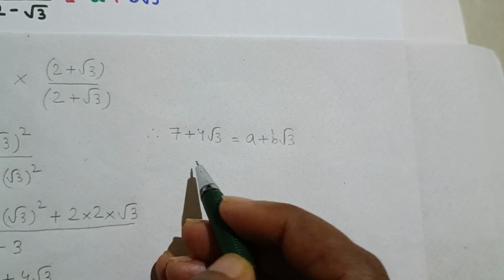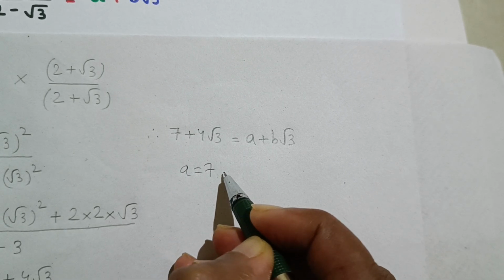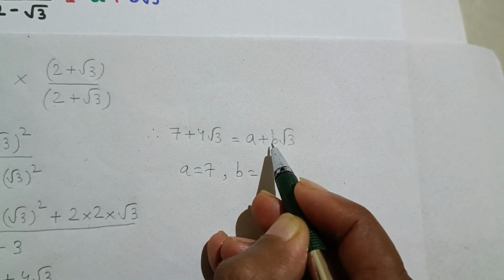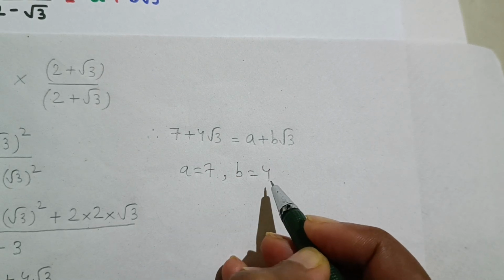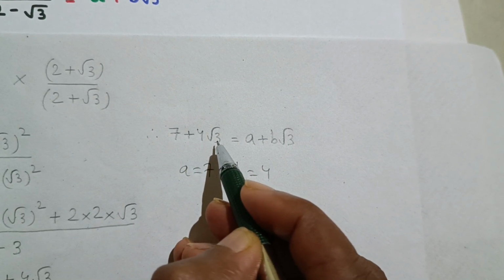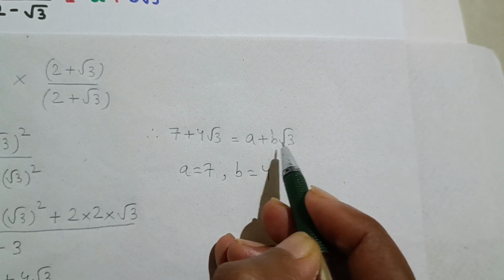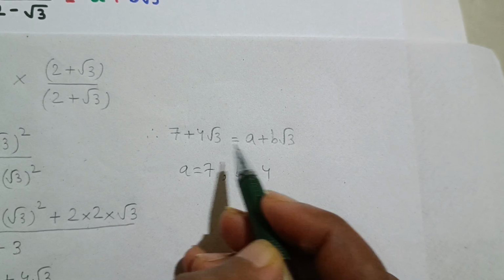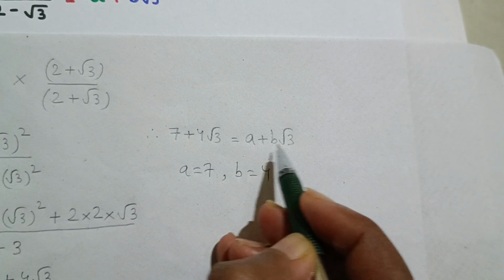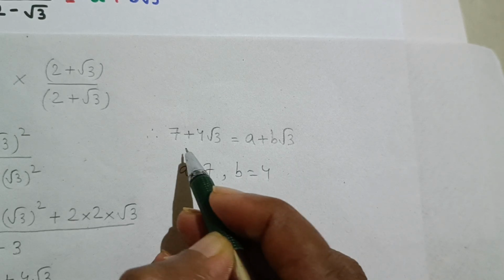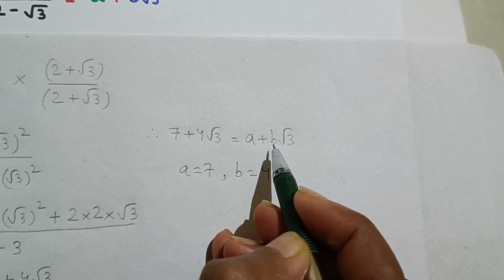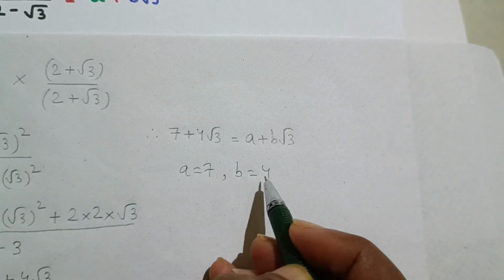So a is 7 and b is 4. If I compare the left hand side and the right hand side of this equation, a is 7 and b is 4.